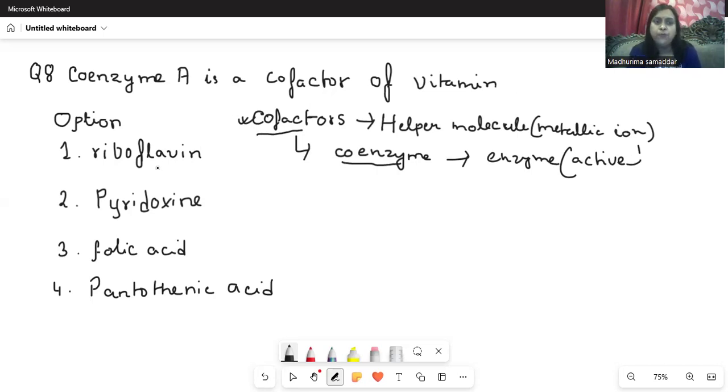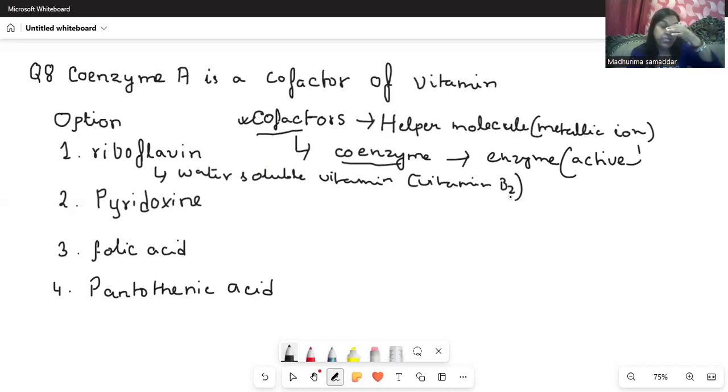Riboflavin. Riboflavin is a water soluble vitamin. We call it vitamin B2 also. Now this vitamin B2 is a precursor for the synthesis of which cofactor?